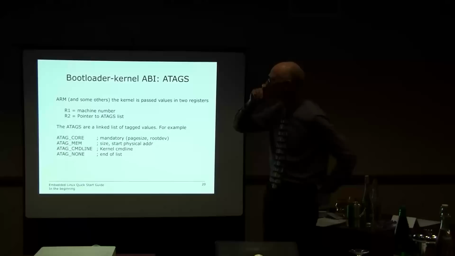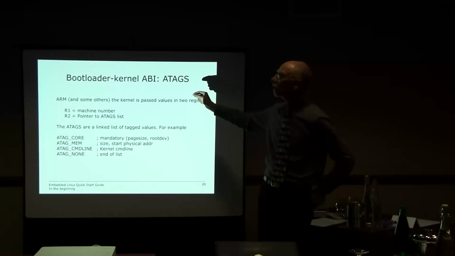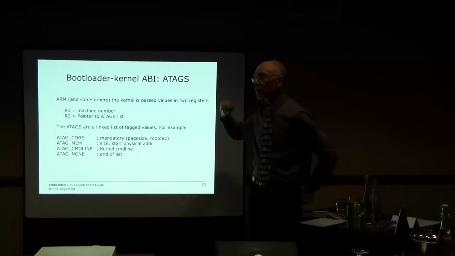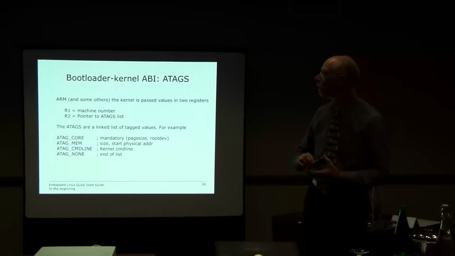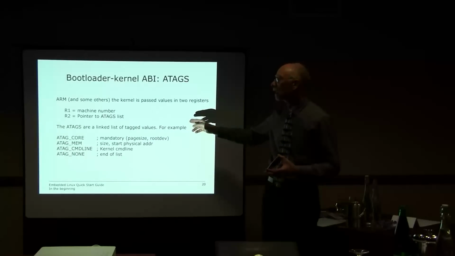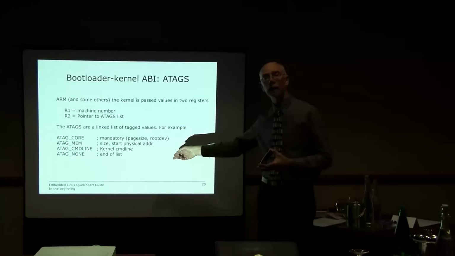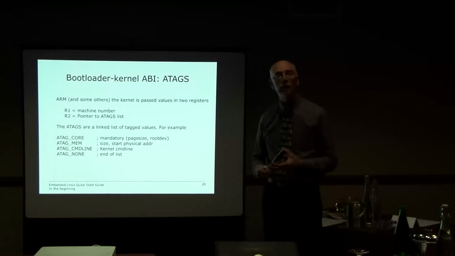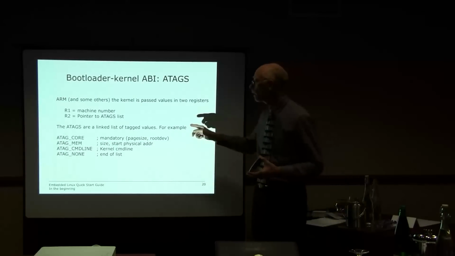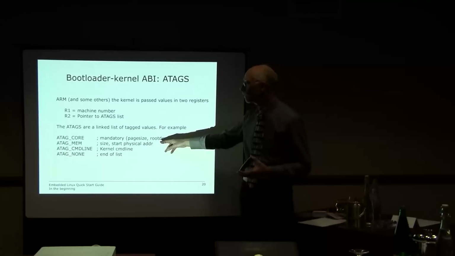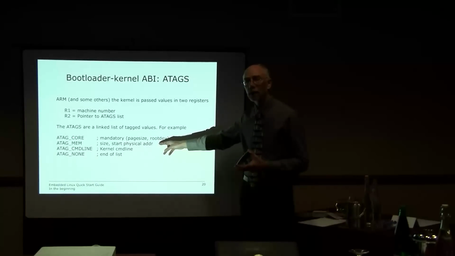So far as I know, the ARM architecture certainly uses ATAGs currently. I'm not quite sure exactly which other architectures do. But essentially it's just a linked list with a standard header and then various bits of information tagged onto it. So we have things like the size of memory and the start address of memory.